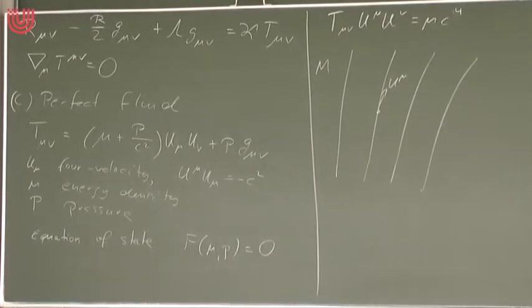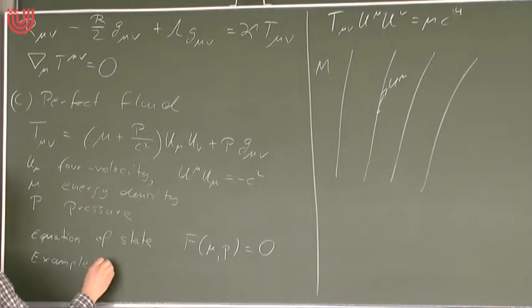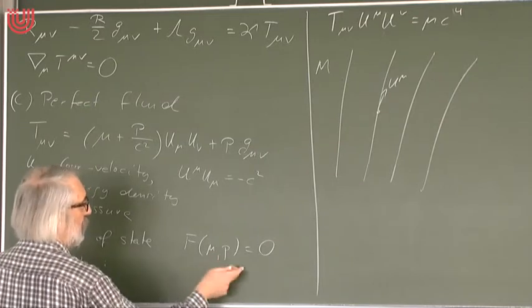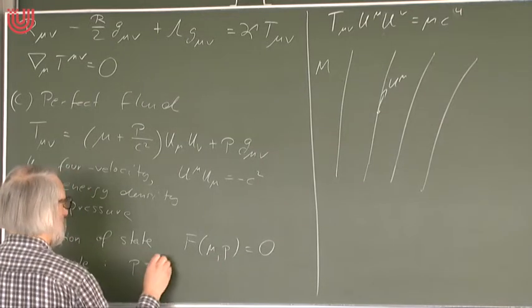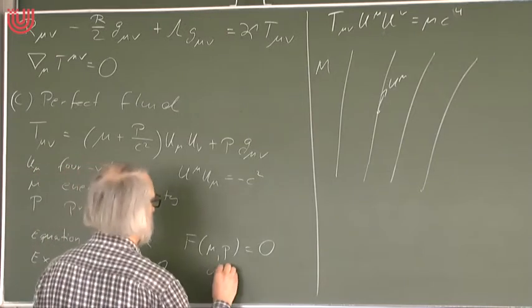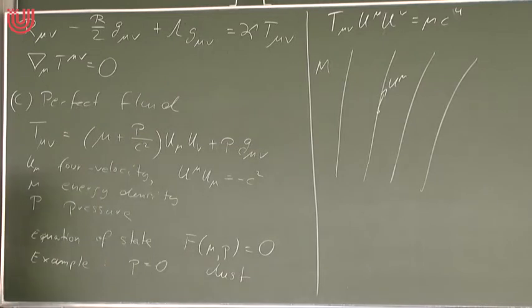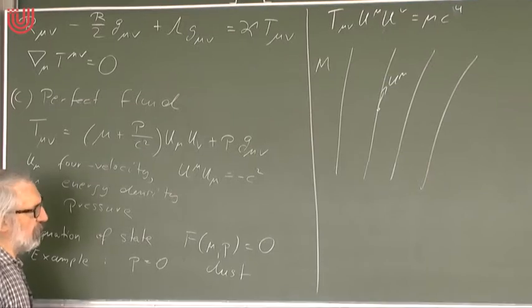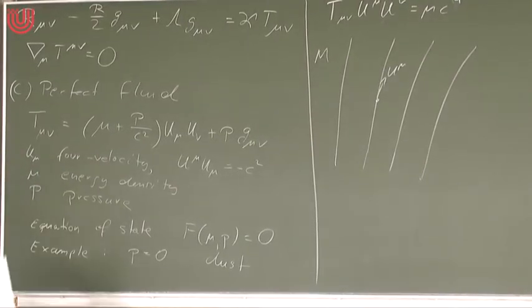Okay, so the simplest equation of state is a dust. So the simplest equation of this form I can think of is that I just write P equals 0, that I neglect the pressure, and this is what we call a dust. So this is matter where the volume elements do not exert any pressure onto each other, so they move just freely.